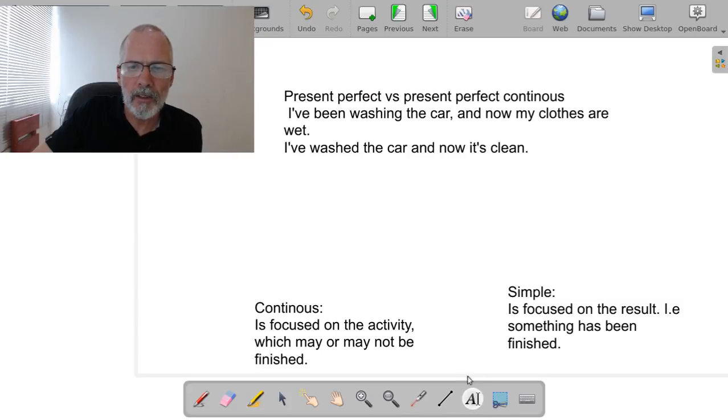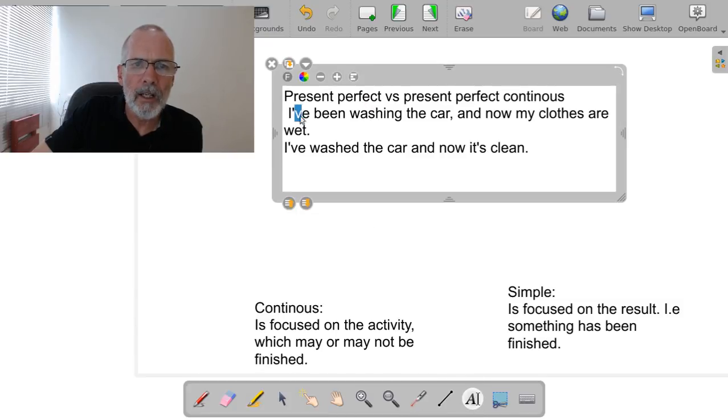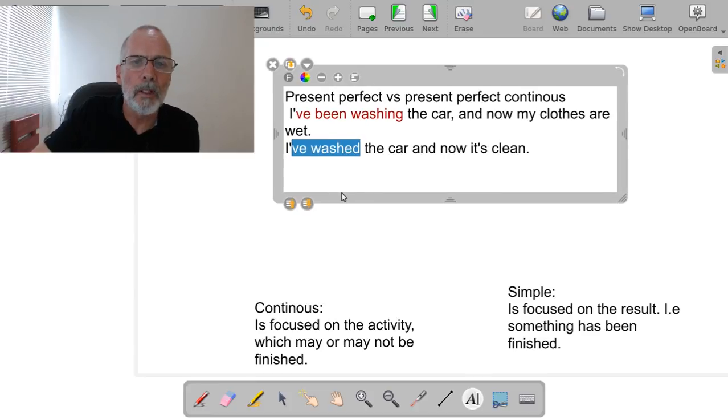In the first example, we are using the present perfect continuous. And the second example, I've washed the car and now it's clean. This is the present perfect simple that we saw in level A2 and last week.